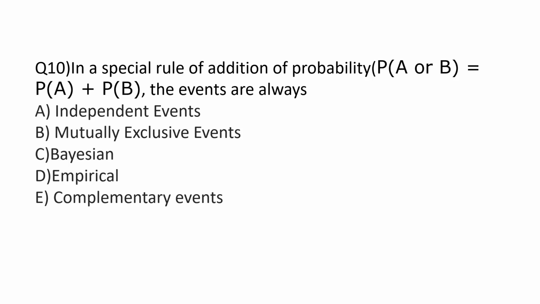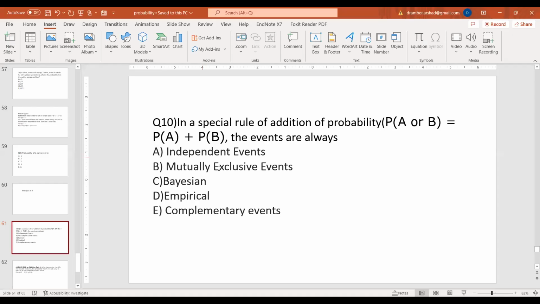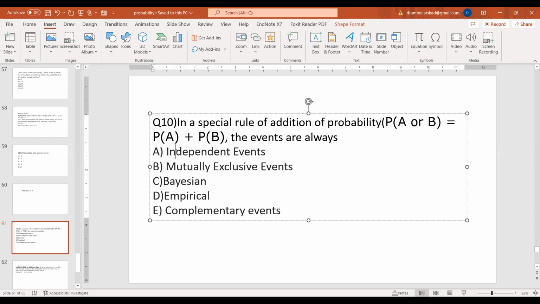It can be an independent event, but choosing the best one, it would be mutually exclusive events. I will change this option to dependent events. Now your answer is B, mutually exclusive events, justified because we are not subtracting anything.